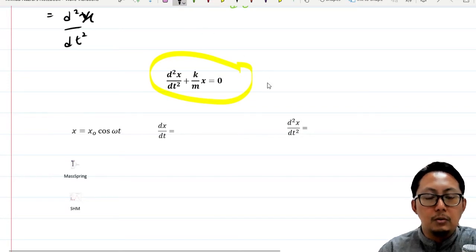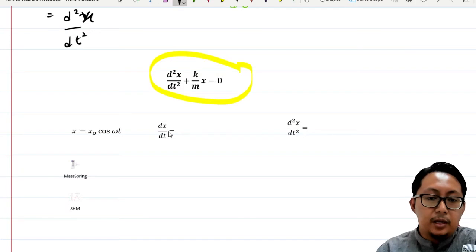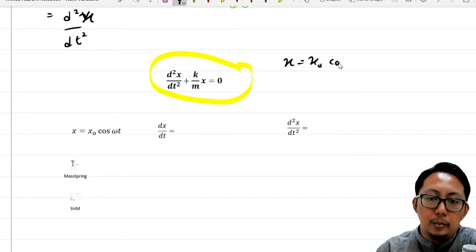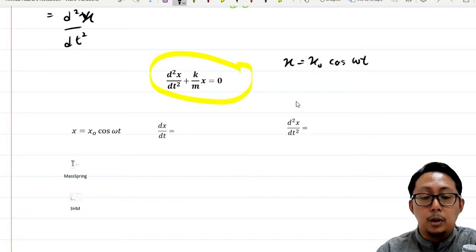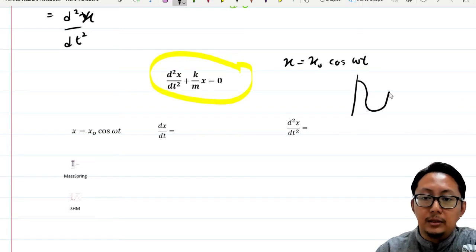To solve this, our target now is to find the equation for omega. We define x equal to x naught cos omega t, because x is not static, it's moving, it oscillates. So x will oscillate following cos omega t, something like this, with t on one axis and x on the other.